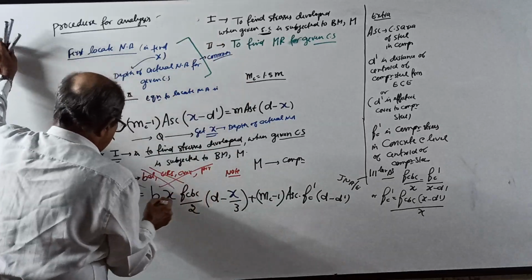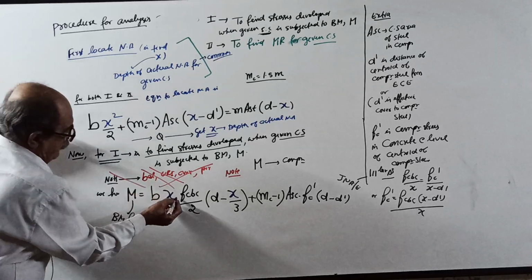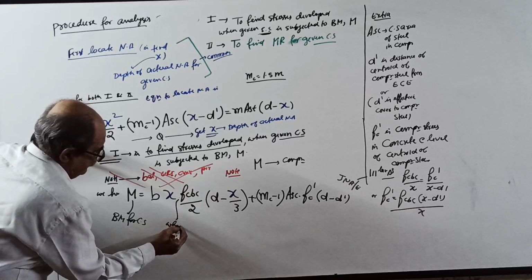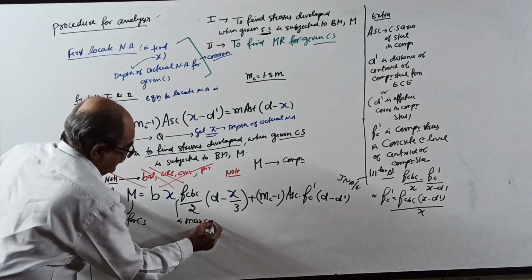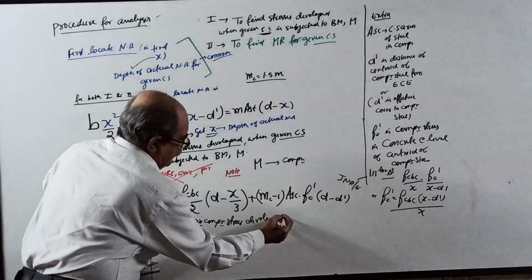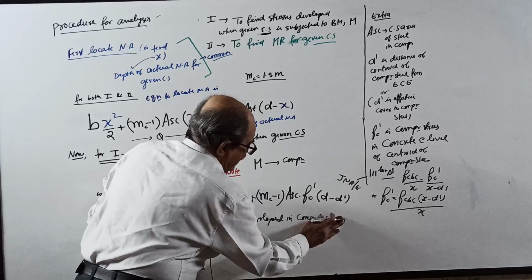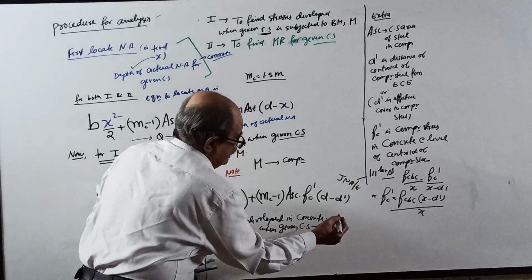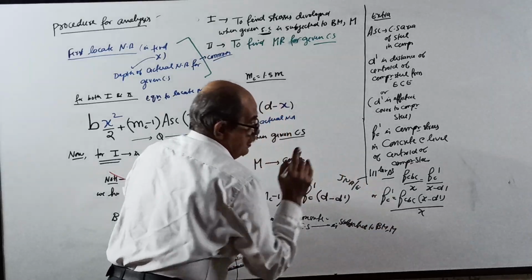Where M is the bending moment for the cross section and FCBC is the maximum compressive stress developed in concrete when the given cross section is subjected to bending moment M. This is the definition.